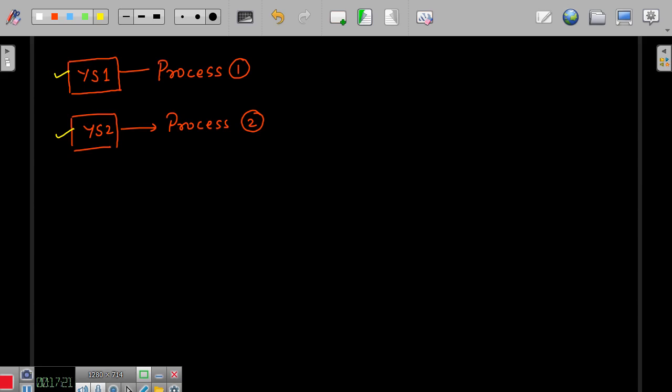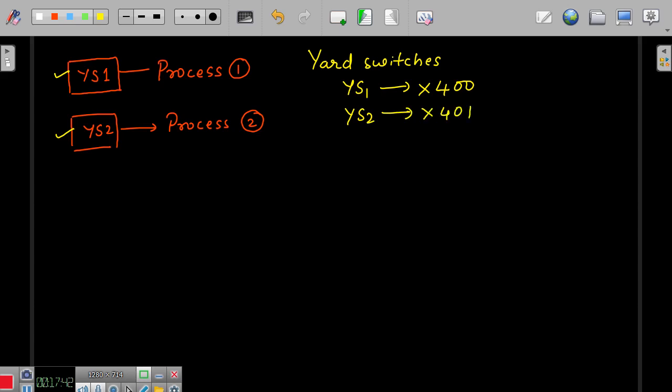So therefore let us be very specific. Now the yard switches, whatever I am speaking about, yard switches. So YS1, let us say that this is X400, and YS2, let us say that this is X401.